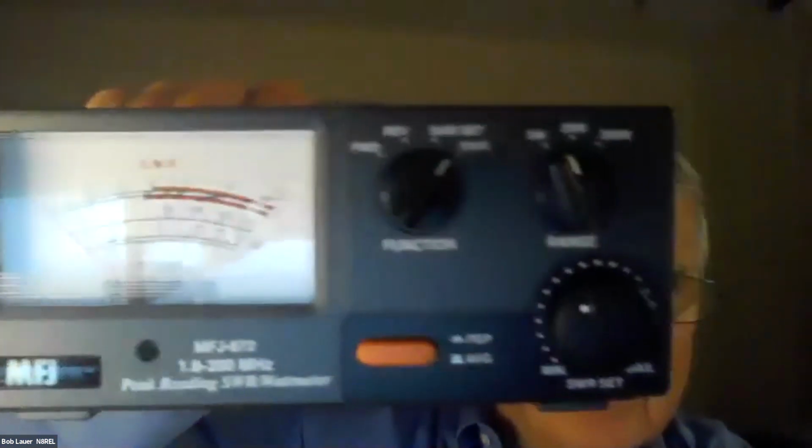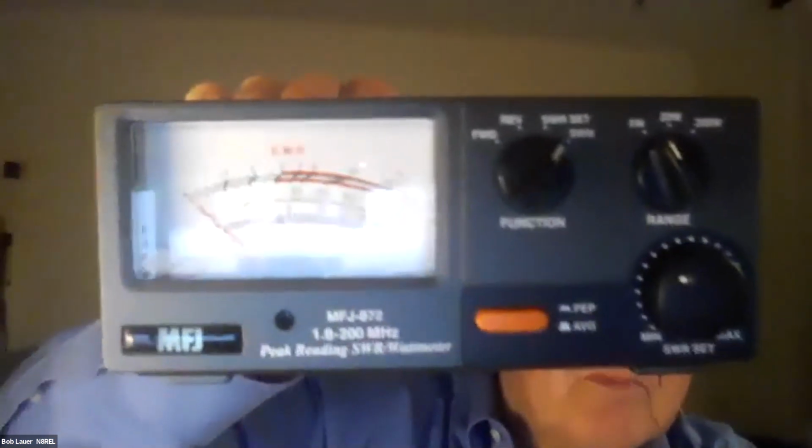Nowadays, most radios have built-in protection, and it will start automatically reducing your power to prevent too much power coming back and blowing out your circuits. But anyhow, the way you measure that is with one of these cool little meters.